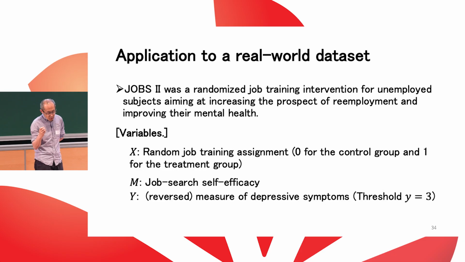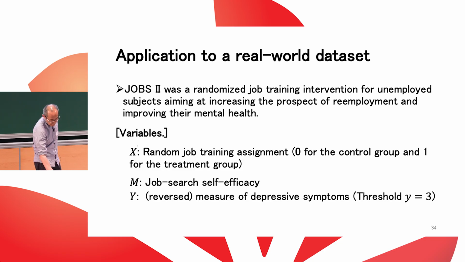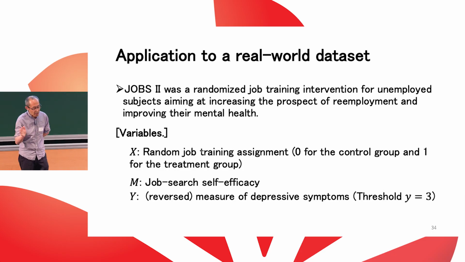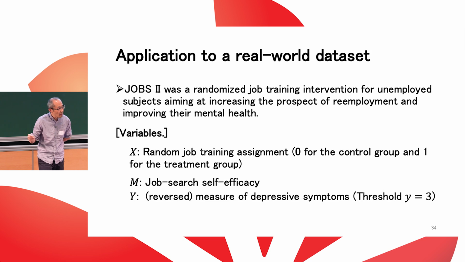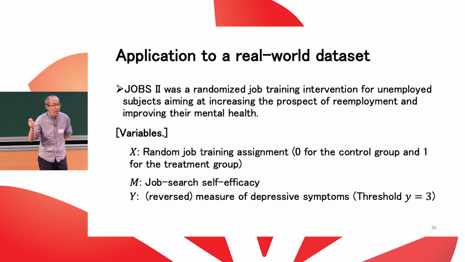The goal is to increase the prospect of reemployment and improve their mental health. Here we pick random variable X to be the job training assignment. So you randomly assign subjects to the control group and the treatment group. In the treatment group, subjects go to the job training workshops.